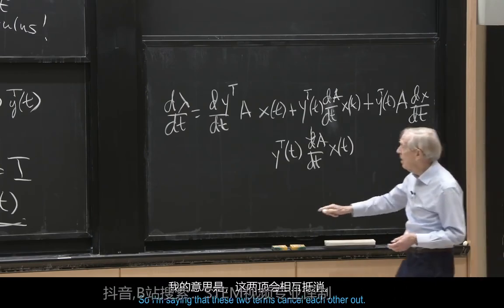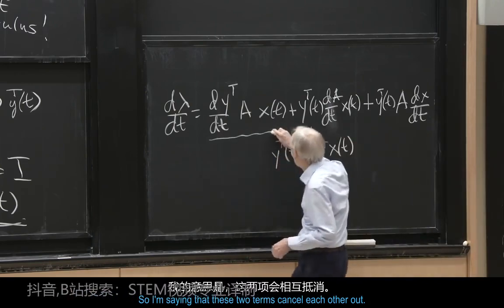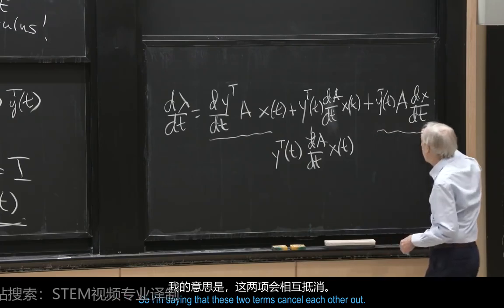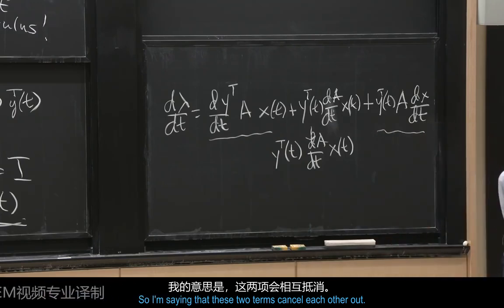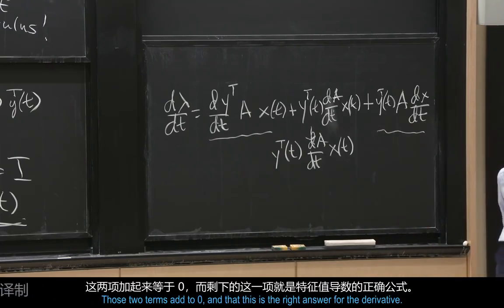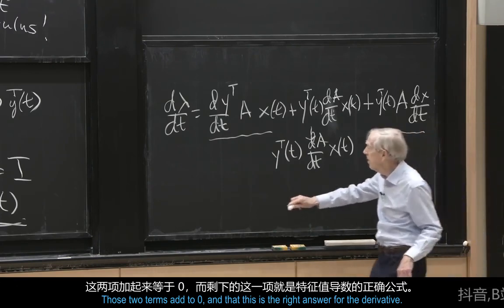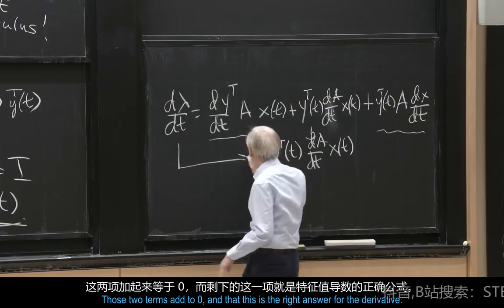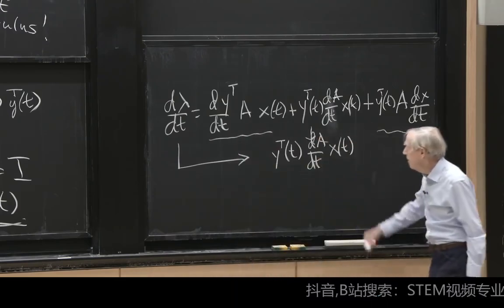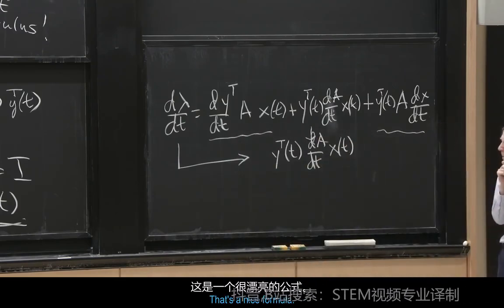And actually, that's my answer. I'm saying that these two terms cancel each other out, that those two terms add to 0, and that this is the right answer for the derivative. That's a nice formula.